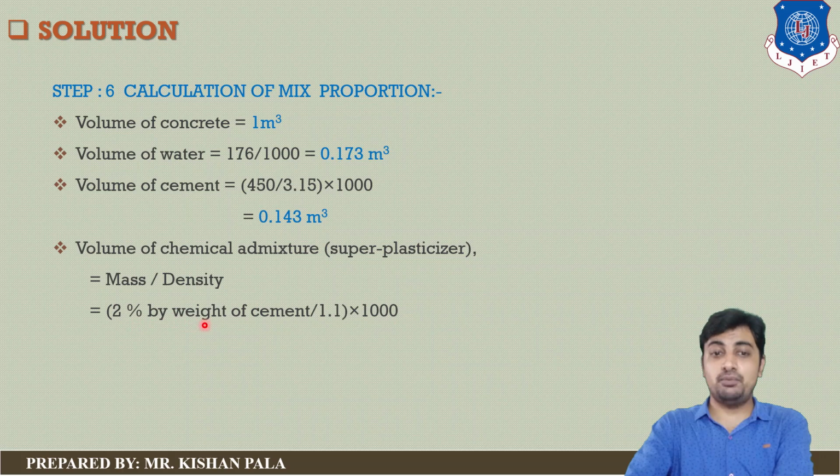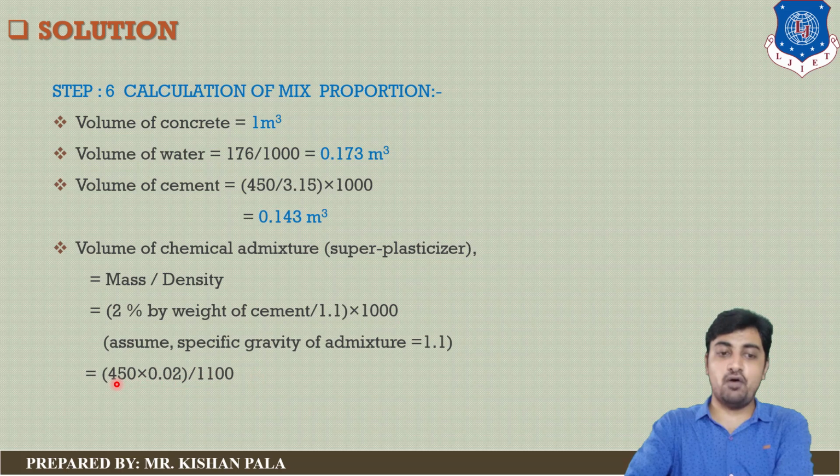So 2% of the 450 kg of cement mass, divided by 1.1, the specific gravity of the superplasticizer, meaning 450 multiplied by 0.02 divided by 1100. We can easily calculate the volume of chemical admixture, which is 0.0082 meter cube.